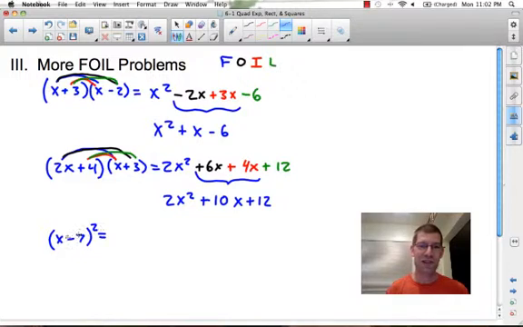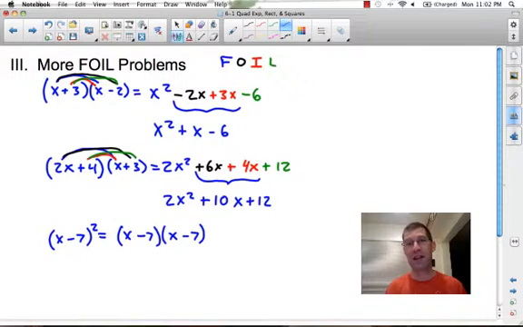So we can't just say this is x squared and minus 49, but instead we're saying that this whole thing here, everything in the parentheses, is squared, which means then the problem is really x minus 7 times itself, x minus 7. So you can't just distribute the 2 and then get a binomial again. You have to do the foiling, which then is going to give you a trinomial, a 3-part thing like we've had in all the other answers.